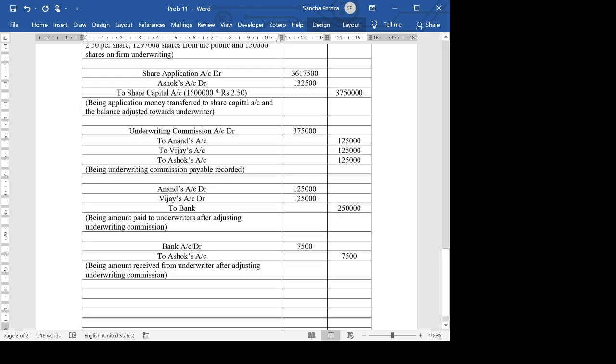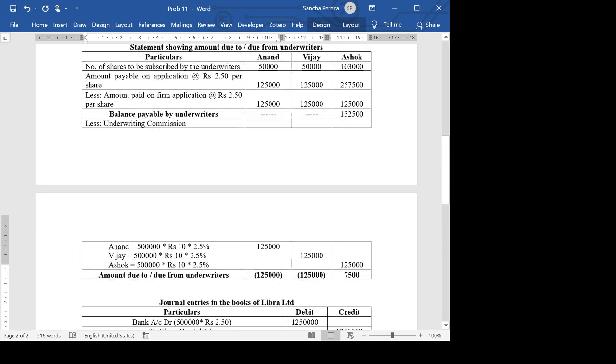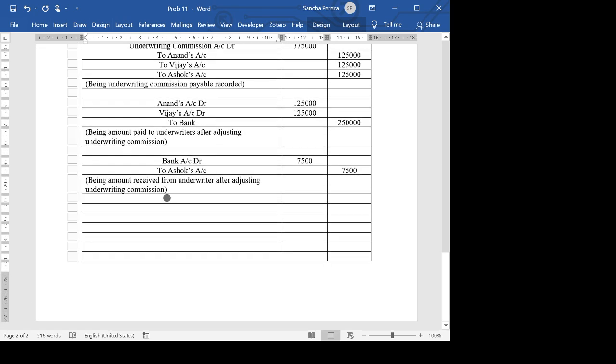And the last entry will be for allotment, share allotment account. First we have share allotment account debit to share capital.